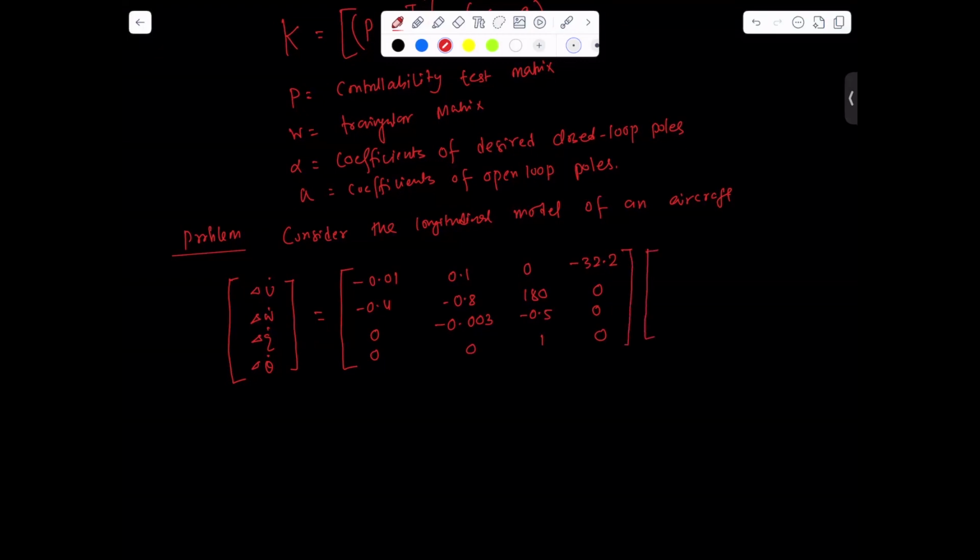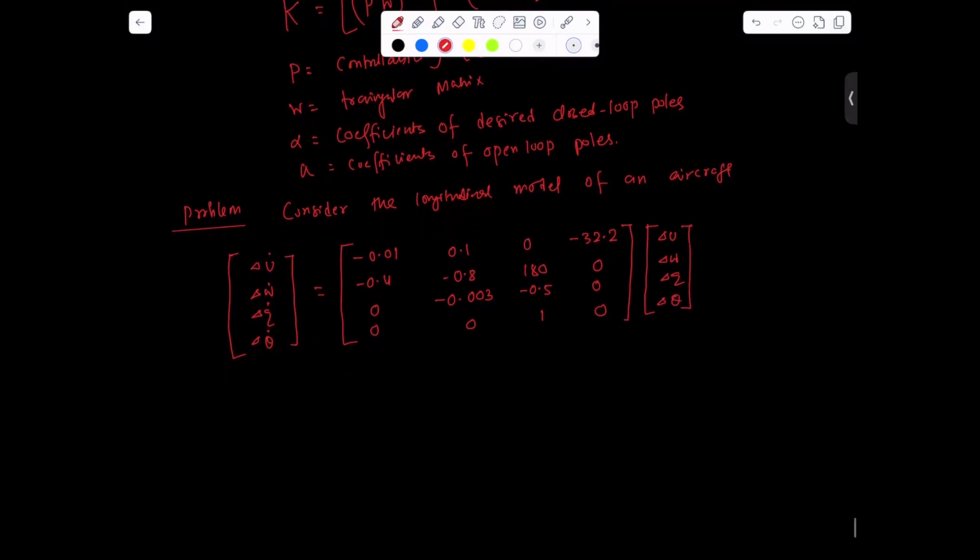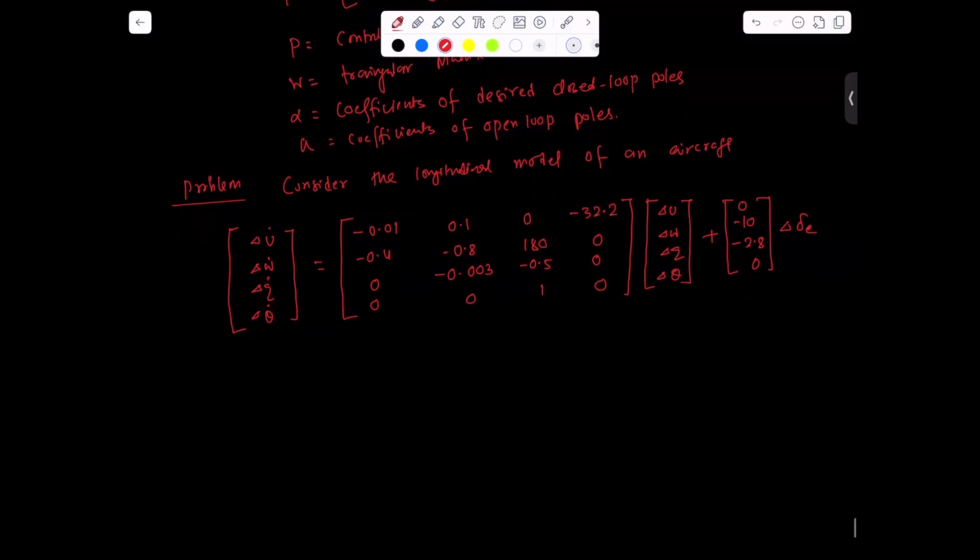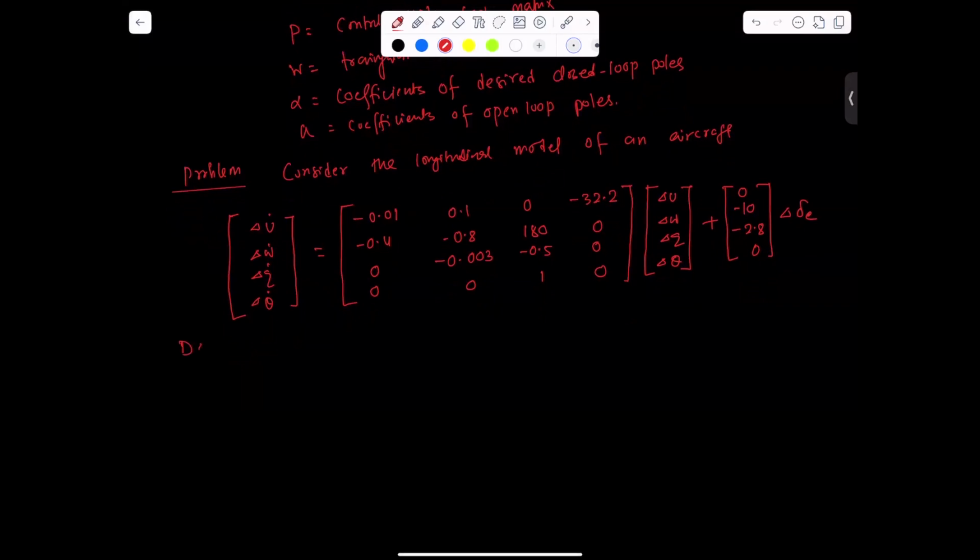And we have the state vector del u, del w, del q, and del theta. And we have the control matrix B: 0, minus 10, minus 2.8, 0, and we are assuming only the elevator deflection as the control input for this system.